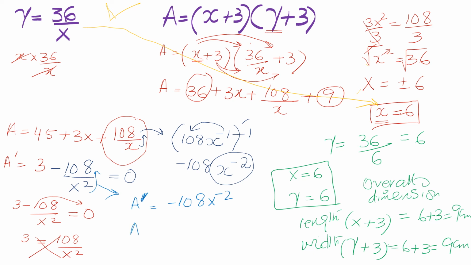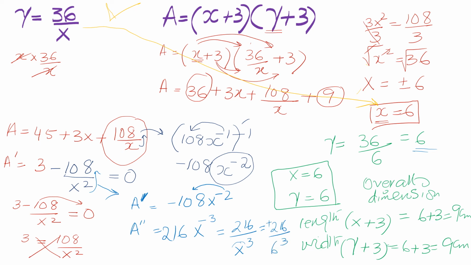Now take the second derivative. You bring it here: negative 2 times negative 108. So you will get 216 x to the power negative 3. Okay. Now bring the negative power down to make it positive. Now replace the x with 6. So you will get 216 over 6 cube.